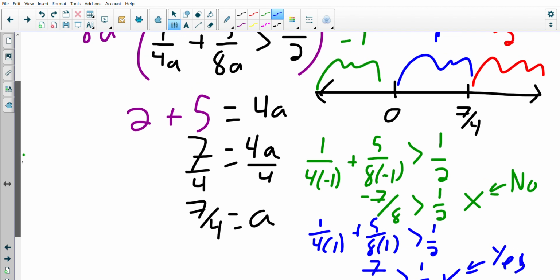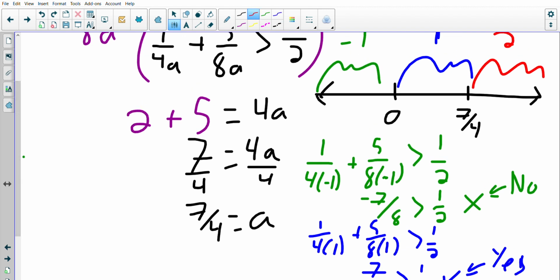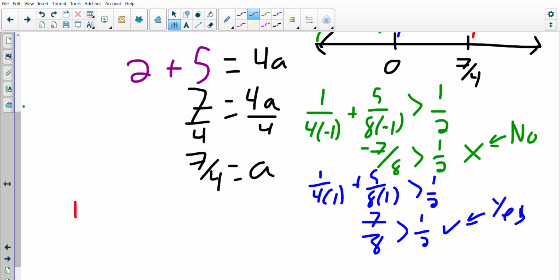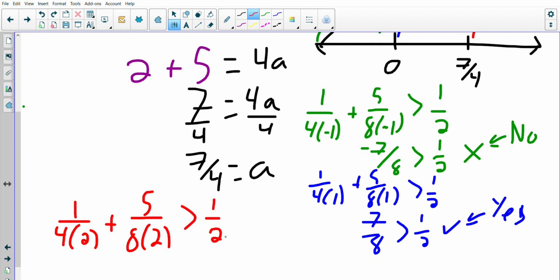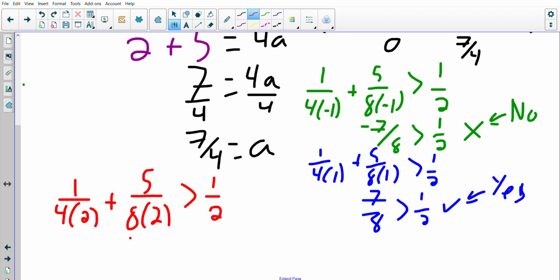And now I'm going to try red. So I get 1 over 4 times 2 plus 5 over 8 times 2. And I'm going to see if that's greater than 1/2. And I end up with 7/16 is greater than 1/2.